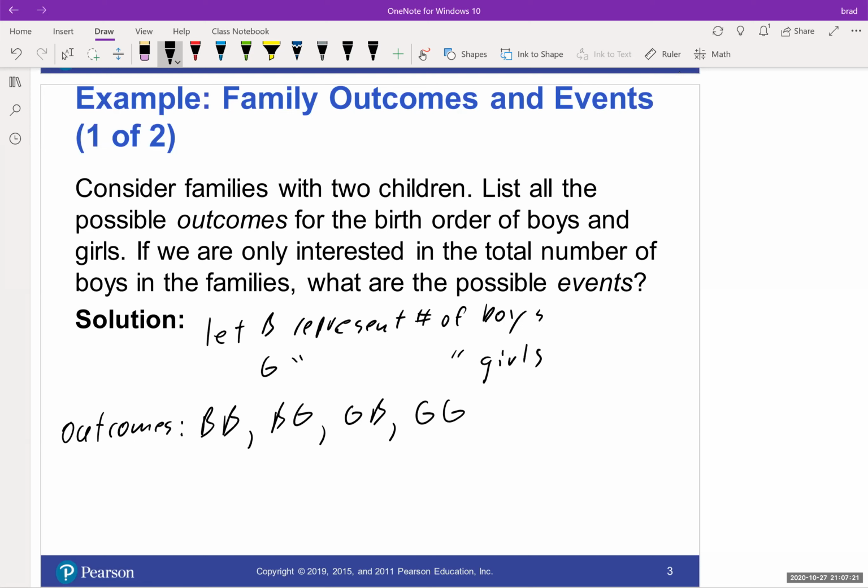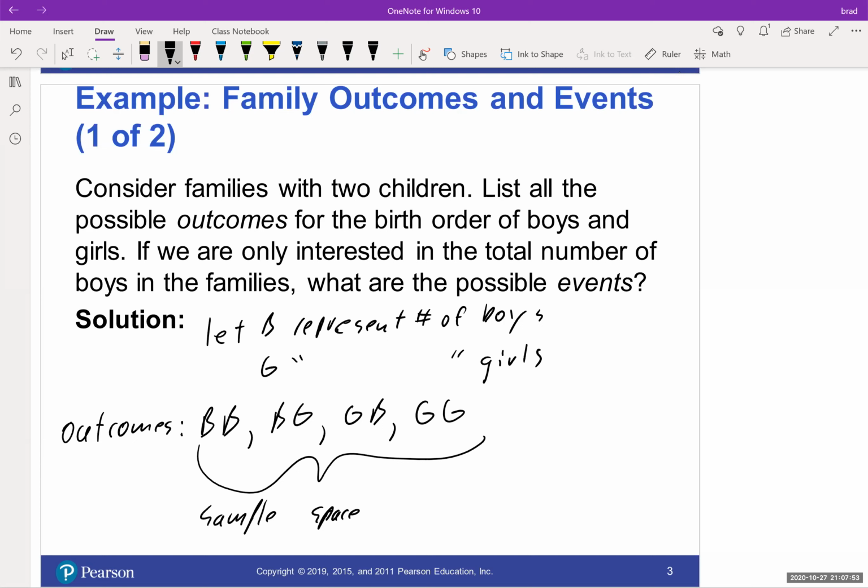By the way, one way you can determine how many possible outcomes there are, sometimes referred to as the sample space of this event, is this. The sample space for this event is boy-boy, boy-girl, girl-boy, or girl-girl. Basically, you think of how many different possibilities there are.